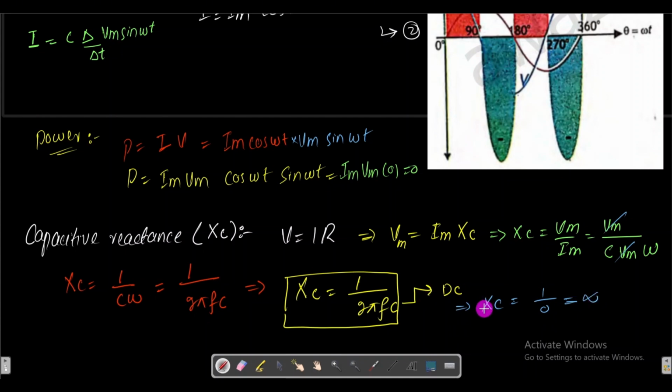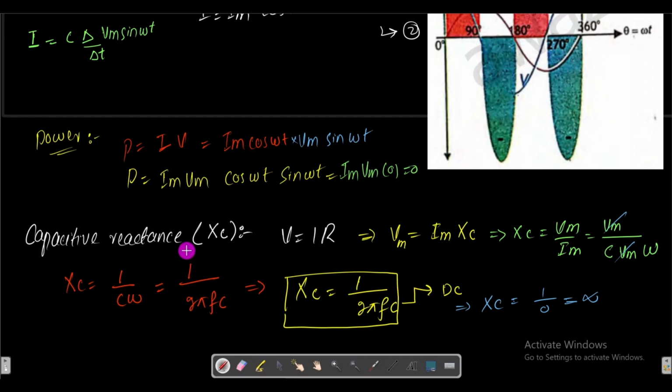So this capacitive reactance will be infinite for the DC. Therefore the capacitor will block the DC current, and it will allow the AC current.